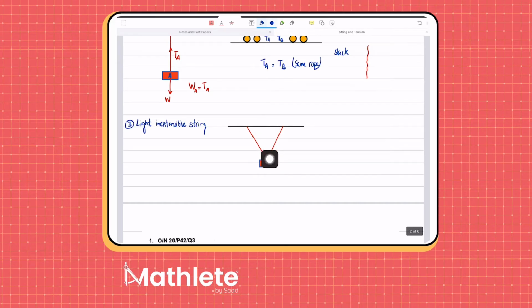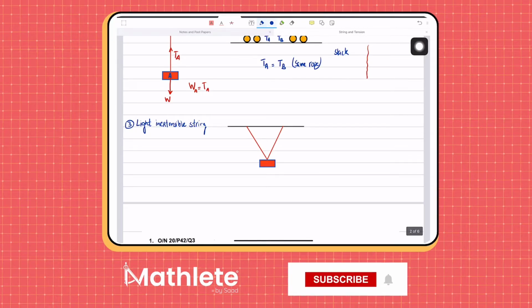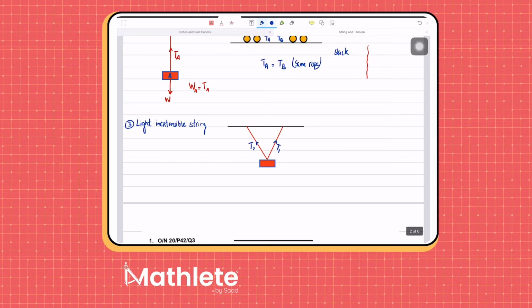If there was just one rope, all the weight would have been transmitted as tension to that wire. But because you have two different strings, the tension gets divided, not necessarily equally. This is T1 and this is T2, and remember, T1 is not equal to T2, unless the triangle is an isosceles triangle.